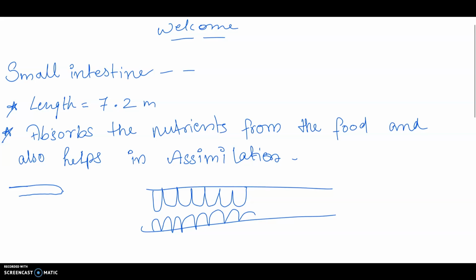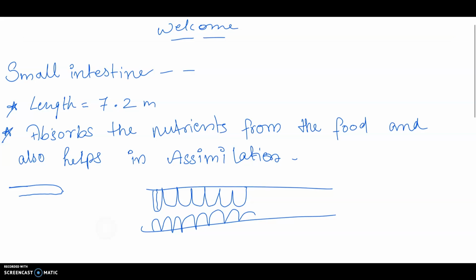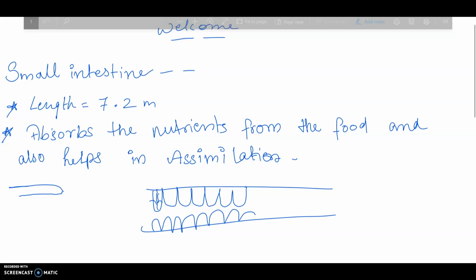There are blood vessels, and I hope you know what blood vessels are, linked to these finger-like structures. When the food passes through this, the nutrients are absorbed into the blood vessels and transferred to different parts of the body through the blood.